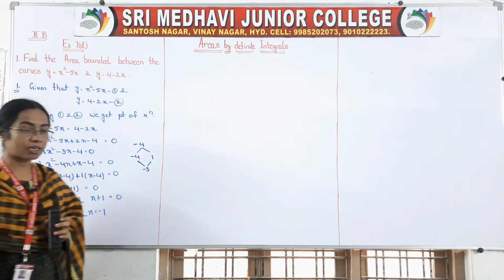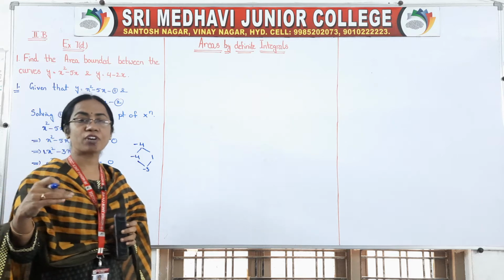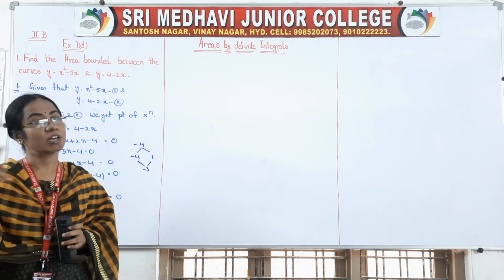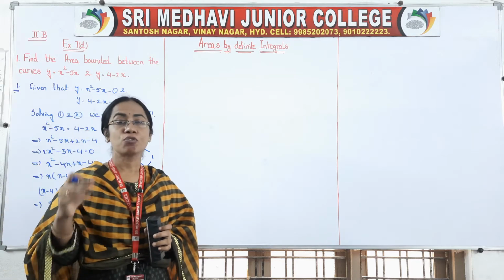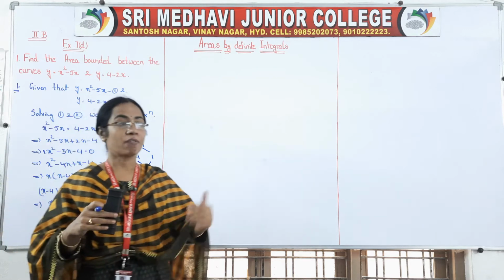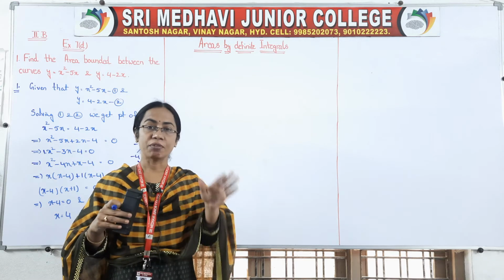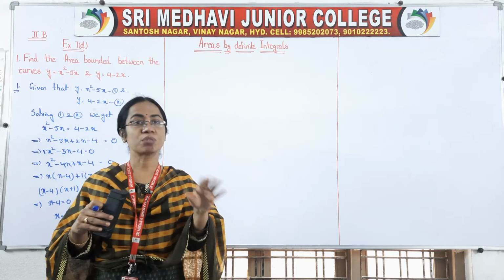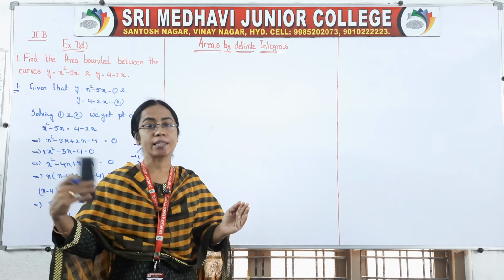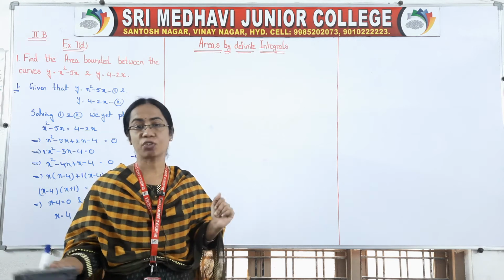So for that we should know, if we want to find the area, if two curves, or one curve and one line, are given, then we should know which one comes upwards and which one comes downwards. While finding the area, the curve which comes upwards should be taken first, then minus, then the next curve or line.